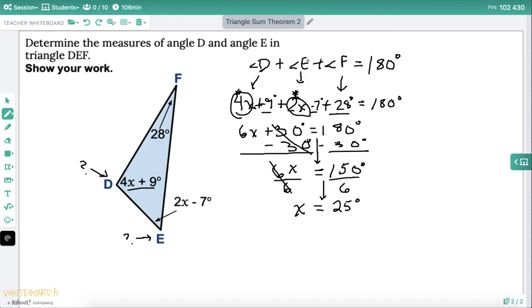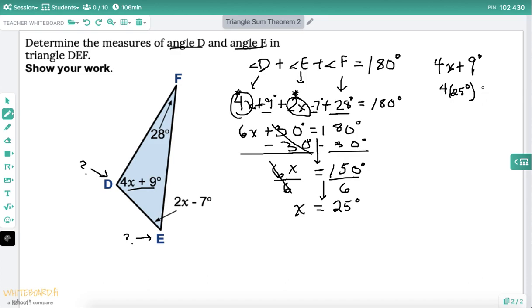So, as you know, we have to find the two angles that we started asking for, right? We said angle D and angle E. Those are the two with the question marks in the diagram. So I'll go ahead and rewrite the expression that represents D, which is 4x plus 9 degrees. And we know that x is 25 degrees.